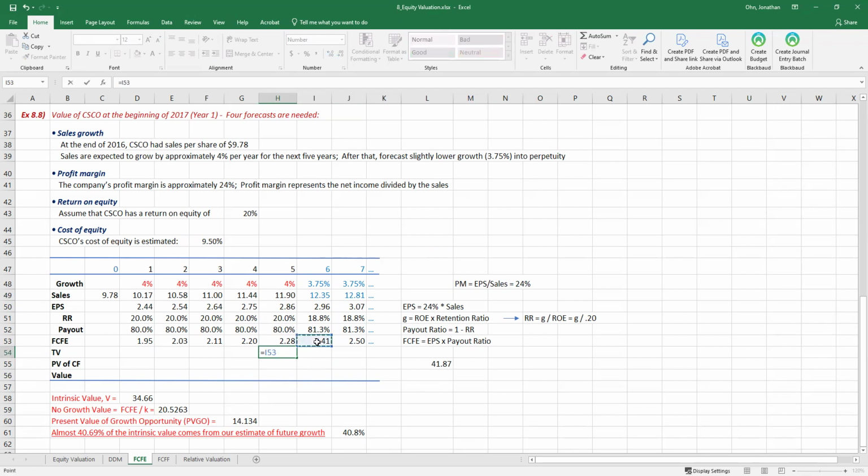It is this one divided by K minus G. K is 9.5%, minus the growth rate, which is 3.75%. That's the growth rate. That's how you calculate terminal value in this case.